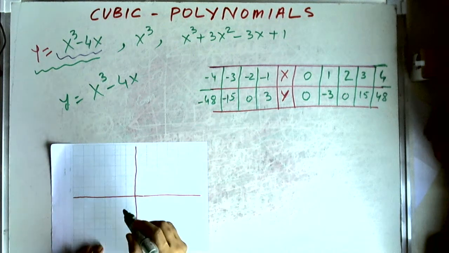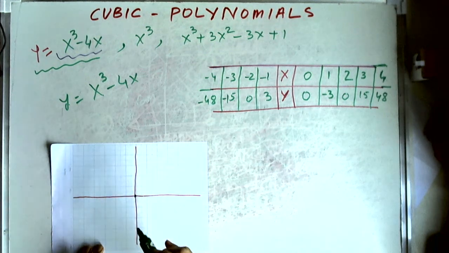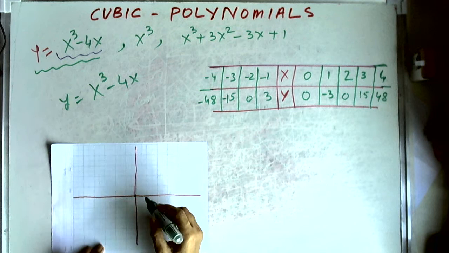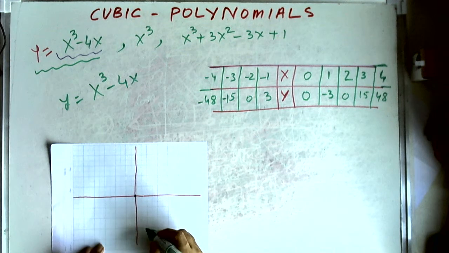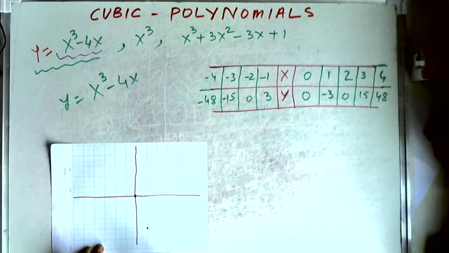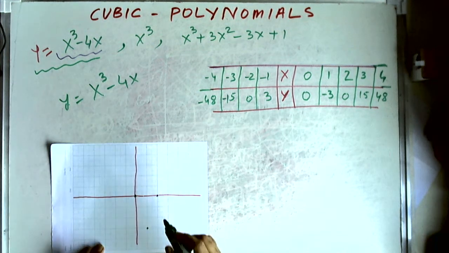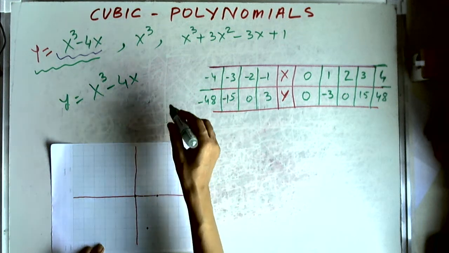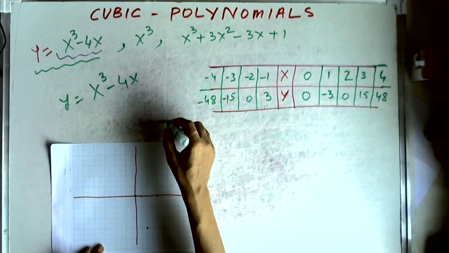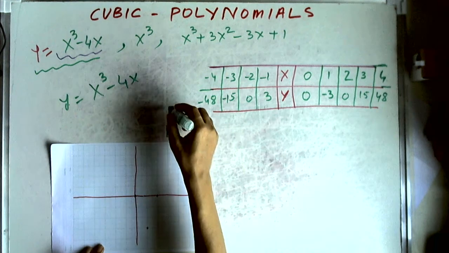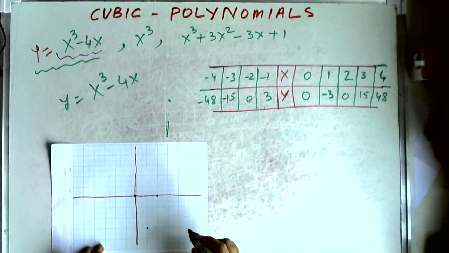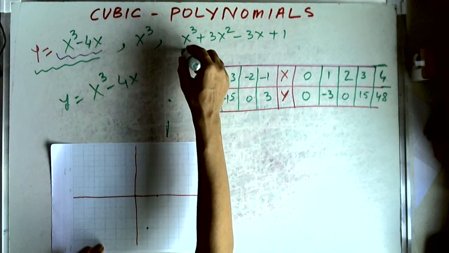First point is x is 0, y is 0. Second is x is 1, y is minus 3. X is 2, y is 0. X is 3, then y is 15, somewhere here, very high. X is 4, it will be somewhere here.